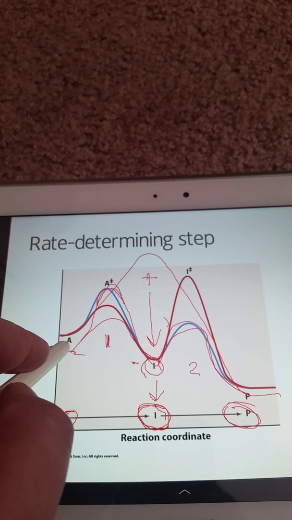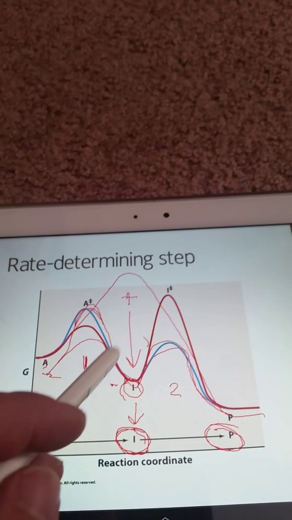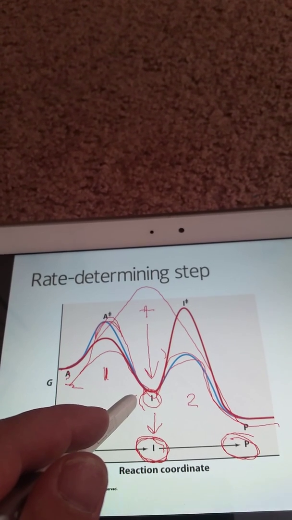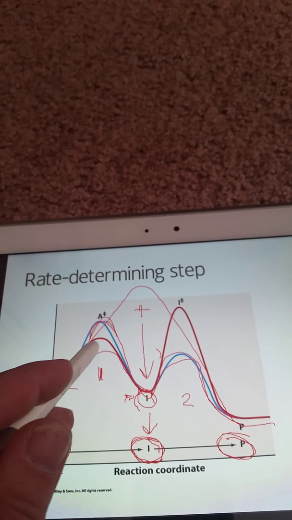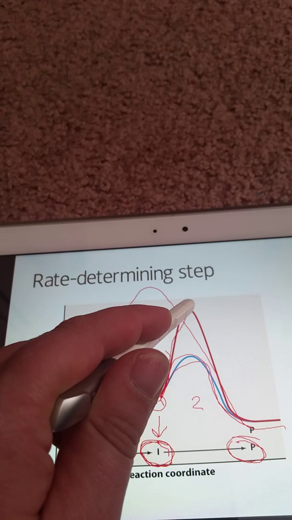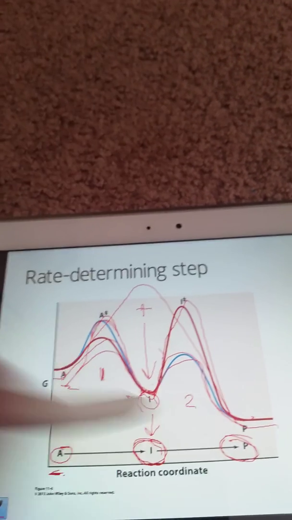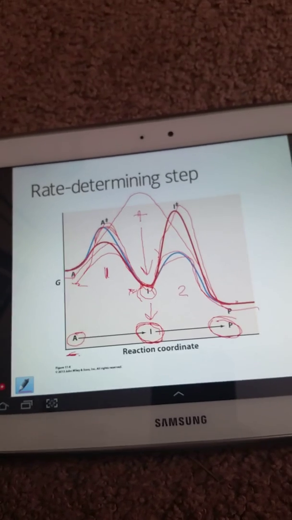Or does the enzyme substrate complex formation to the intermediate take less time than the product formation and dissociation of the enzyme? And so often this can't be determined unless we do it experimentally.